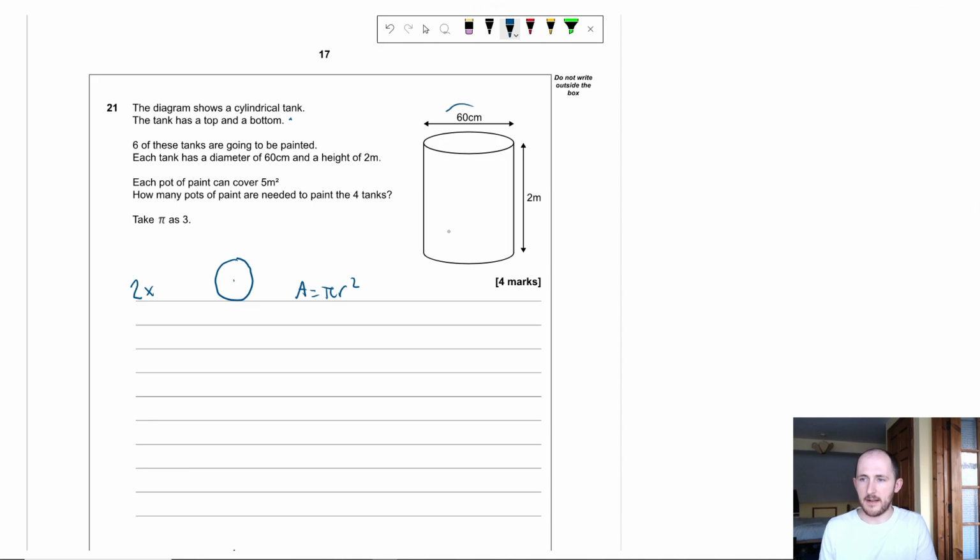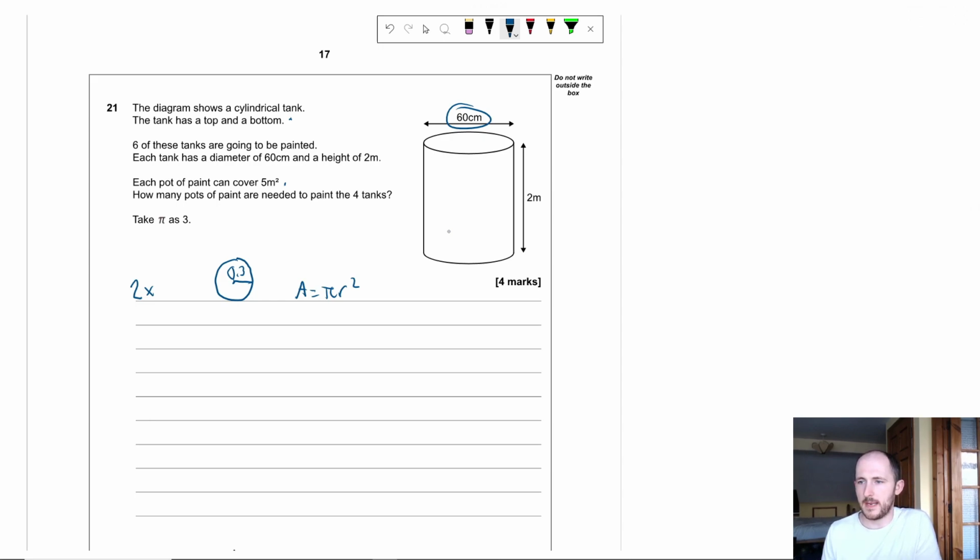Now here we have the diameter, so we want the radius. The radius is half that, which is 30 centimeters. We're going to do all of our calculations in meters because that's what it gives us, so that's 0.3 meters.